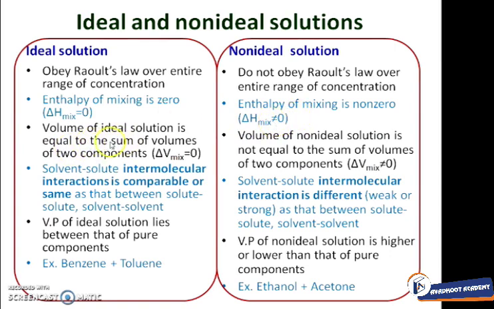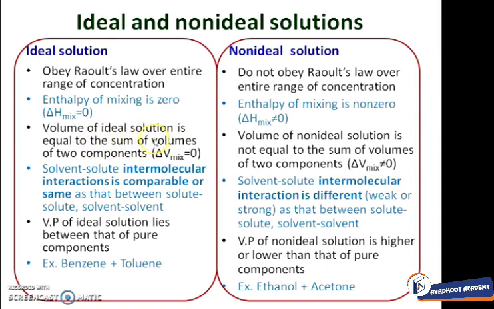Third difference is, in case of ideal solution, the volume of that particular ideal solution is equal to the sum of volumes of two components, that is delta V mixing is equal to 0. What is the meaning of this? At the time of preparation of an ideal solution, for example, 100 ml solute is mixed with 1 liter solvent.